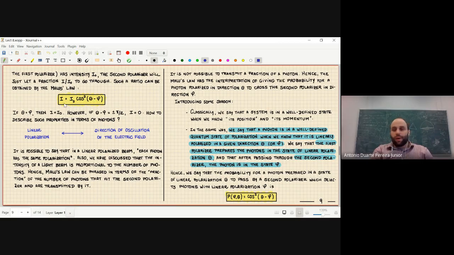If the polarizers have the same direction, then light will come out as it entered.